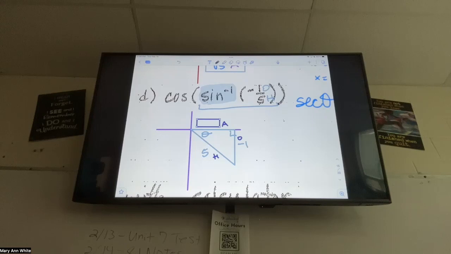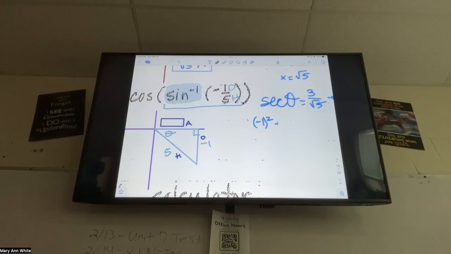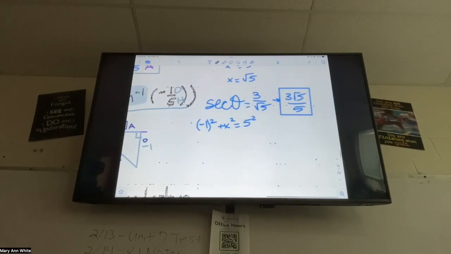Just like I said, we did a lot in the last part of the chapter, we're going to find that by doing the Pythagorean theorem. So I'm going to do a squared plus b squared equals c squared. The only thing is to remember that your c is your hypotenuse, so that's 5. So I need to make sure that my graph looks something like this. So I'm going to do (-1) squared plus x squared equals 5 squared. 1 plus x squared equals 25.